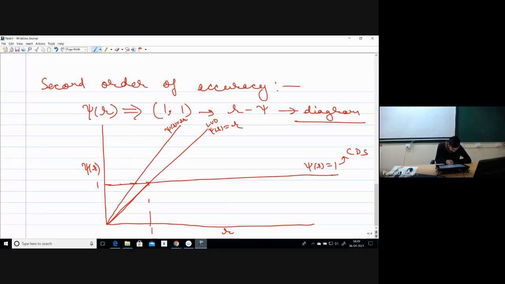Over here, for psi = 2r, I can consider my function as something like this: first it varies like this, and then like this. Any function like this also passes through (1, 1), and the line psi(r) = 1 will also always pass through point (1, 1).